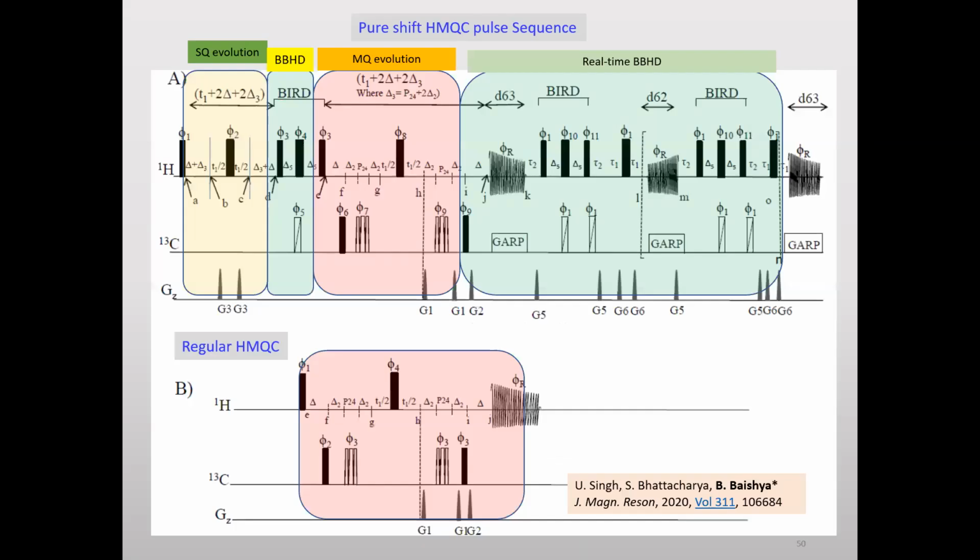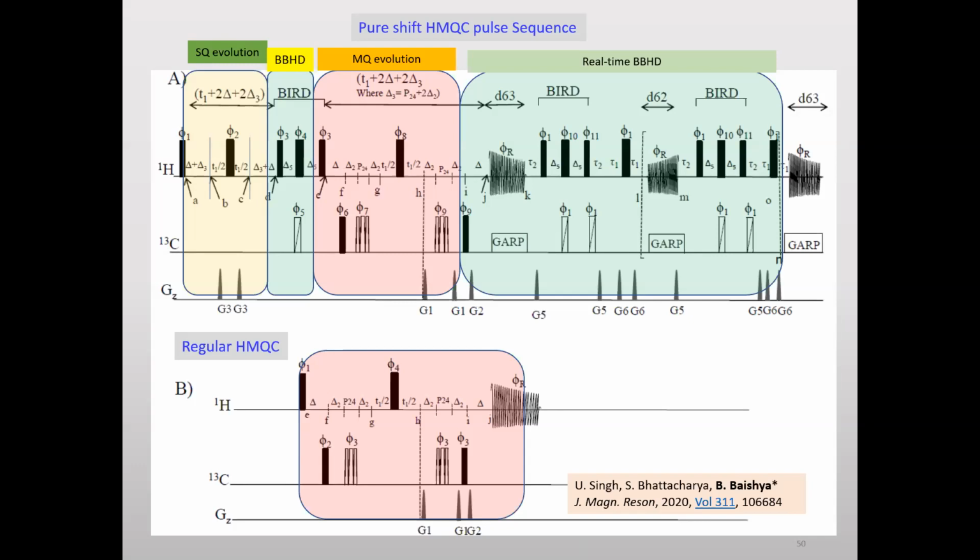But there is another way to solve that. We developed this pure shift HMQC pulse sequence. Instead of applying the Bayard in the middle of the HMQC T1 evolution period, since Bayard cannot be applied here, this multiple quantum evolution period can be preceded by a Bayard block, which is preceded by a single quantum evolution period.